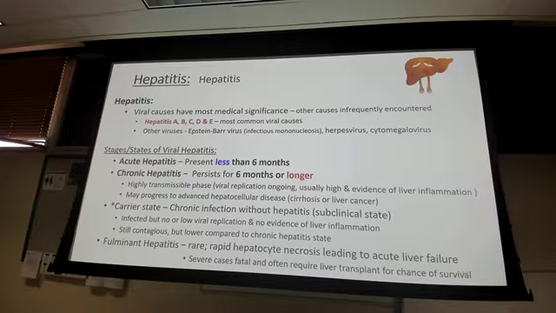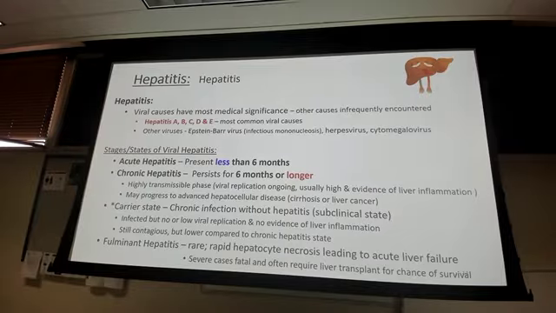When you have chronic inflammation of the liver from hepatitis, it's going to cause a lot of liver damage, which may eventually turn into cirrhosis, and I'll talk about cirrhosis towards the end. All that means is that the liver is fibrotic and scarred and not working well, which can then turn into liver cancer. So with chronic hepatitis, we are concerned that somebody will develop cirrhosis or liver cancer.